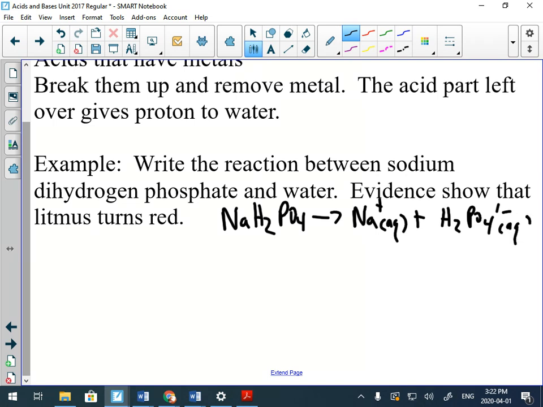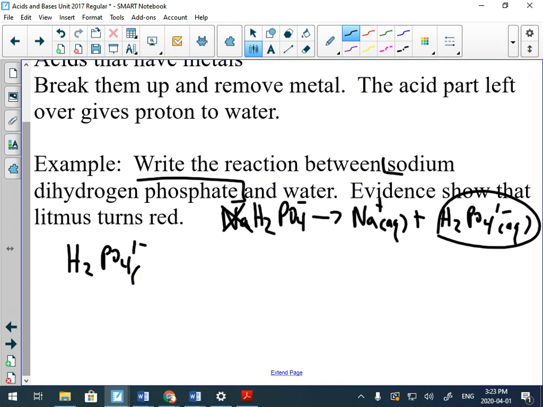Okay. So remember how we said we get rid of metals? Now, there's a shortcut. If you are really good at seeing what this looks like in your head, you could just jump right to the second step. Or you can write this out and cross off the sodium, but remember that now you have a negative charge because that's an ion. This substance is now going to react with water.